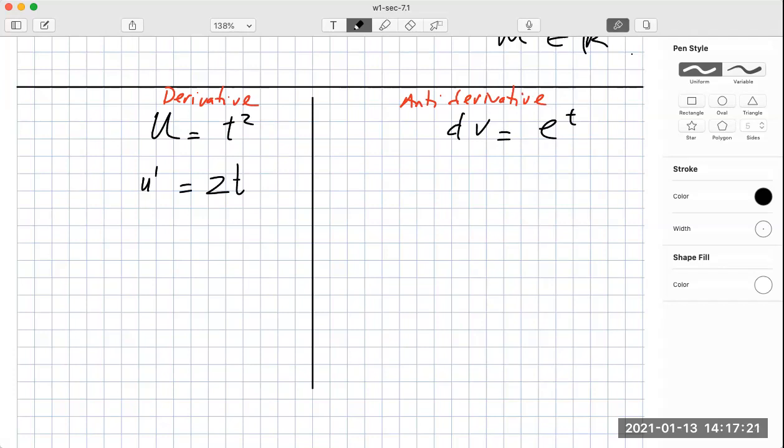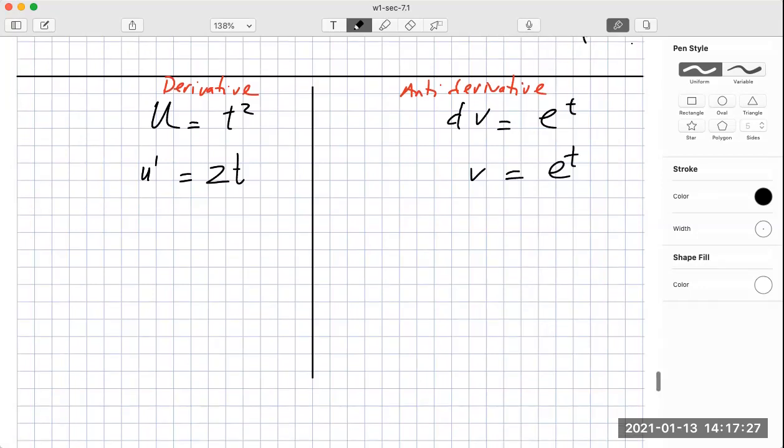And the antiderivative of this guy. Very good. The next step, keep taking the derivative on the left-hand side. It gives us, yes, 2. And keep taking the antiderivative of the right-hand side. Yes, e to the t.